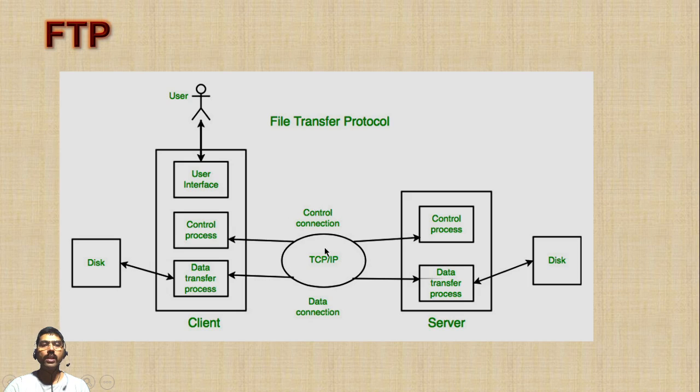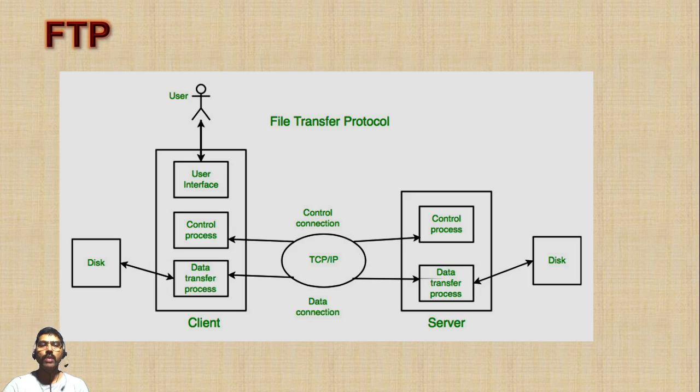The control connection is used for identifying the user's password, that means authentication, username and passwords, or if I want to create some directory in the remote computer or change directory on the remote computer.